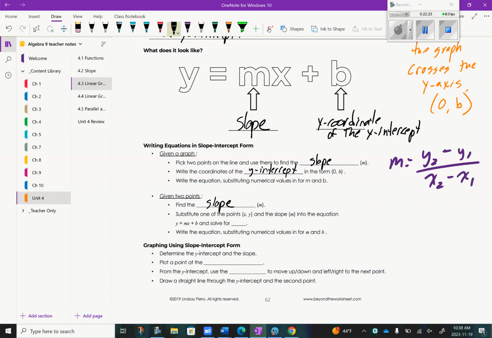Pick one of those points, doesn't matter which one. Use the slope that you just found and our y equals mx plus b. You should be able to substitute numbers for y, m, and x, and then solve for b. Once we know the value for b, then we can write the equation.